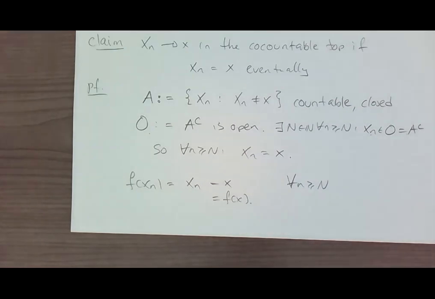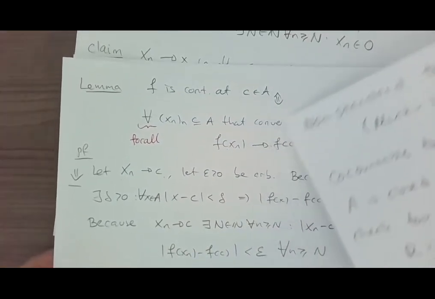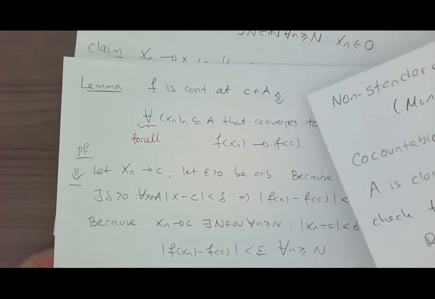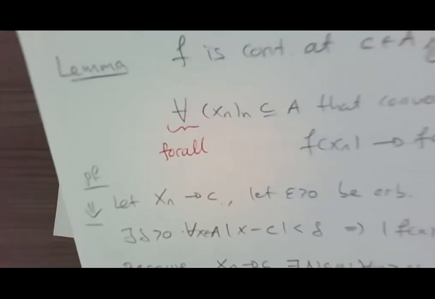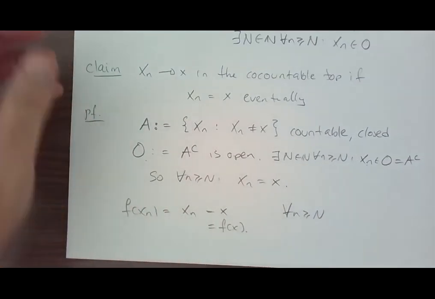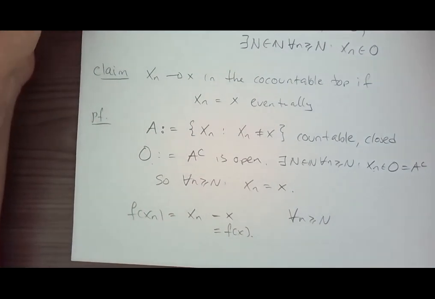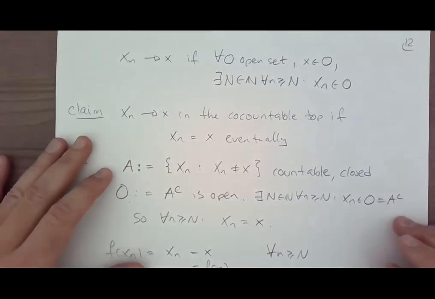A result like the ones that we just proved in class is not true if I change around what the open sets are. And therefore, this is something to be mindful of, something to be a little bit careful about. If you change around what the open sets are, all these results that we have proven and used in the homework and on the exams may or may not be true anymore.